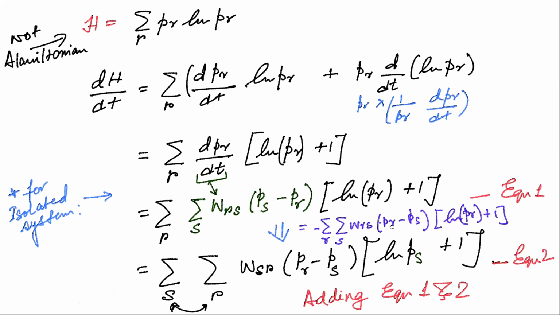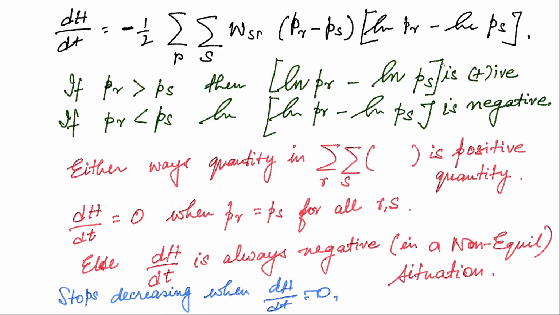In both you have PR minus PS, but we have taken out the minus sign. As a consequence, we get ln PR minus ln PS. If you put this back here, you will again get plus PS, but we have taken it out intentionally.